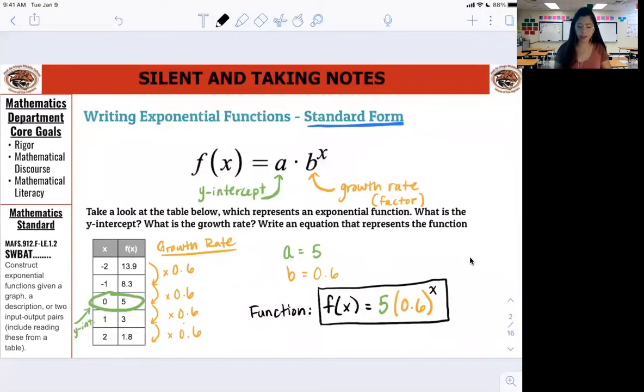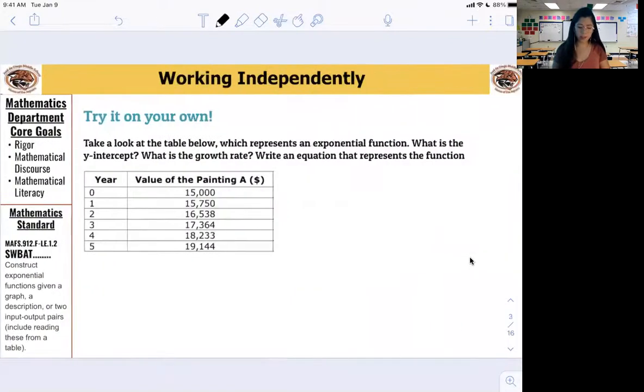Alrighty, so let's go ahead and try another one. Very similar. Go ahead and take a look at this table and let's do the same exact thing. Figure out what is the growth rate, figure out what is the y-intercept, and then we're gonna write the function. And I'm just gonna write the standard form up here so that we remember how it goes.